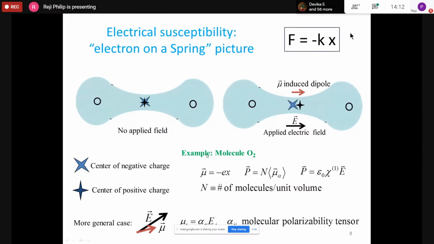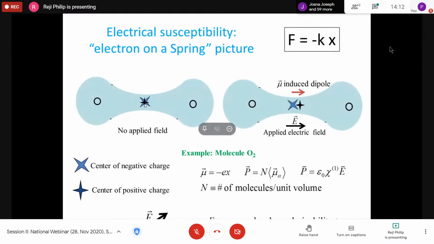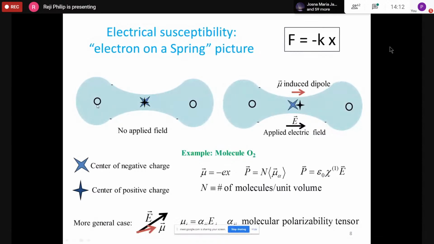So here we see the oxygen molecule. There are two electrons here, and because of the two electrons, there is a sort of a cloud around the nuclei. The two nuclei are sitting together here, and the electrons are moving in this orbital here.